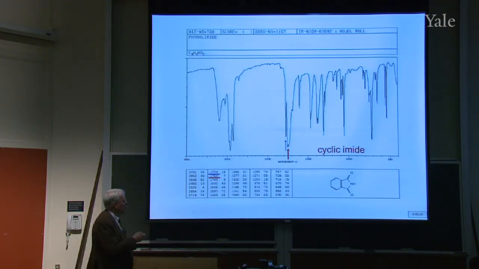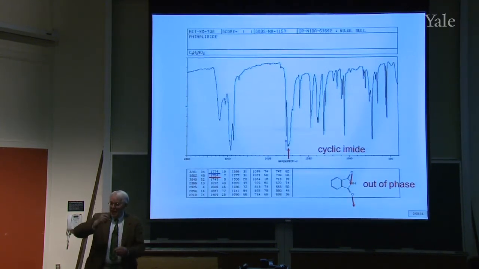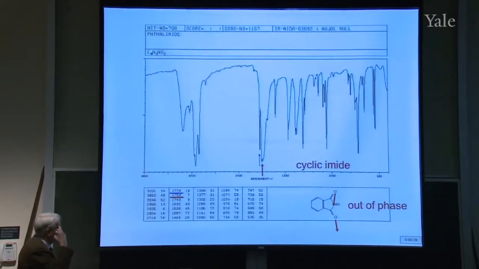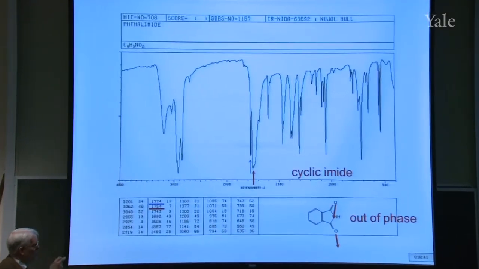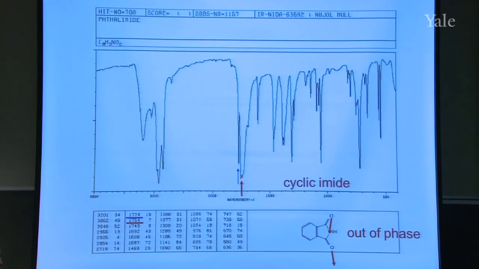Because now when one stretches and the other shrinks, the oxygens are moving the same direction. So they're both being pushed the way light wants them to go, right? So that one, which is now the easy one to do, where you stretch one and shrink the other, is now very strong. It interacts strongly with light.